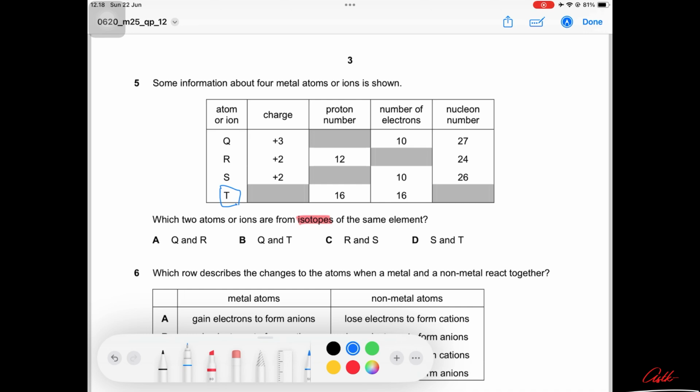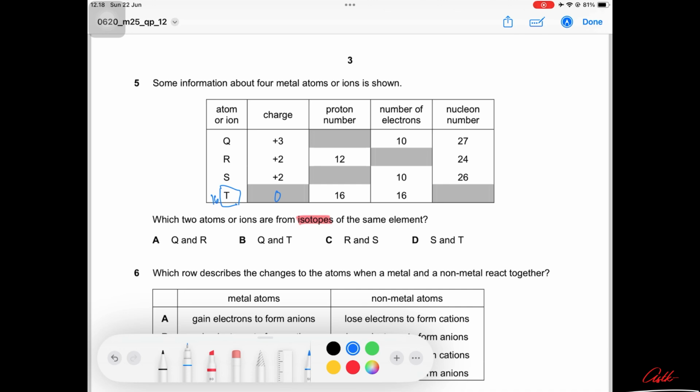This means T has an atomic number of 16, and it has 0 charge. And what about the nucleon number? I don't think we have to consider the nucleon number, just leave it. But now let's go to atom R. Atom R has 12 protons.